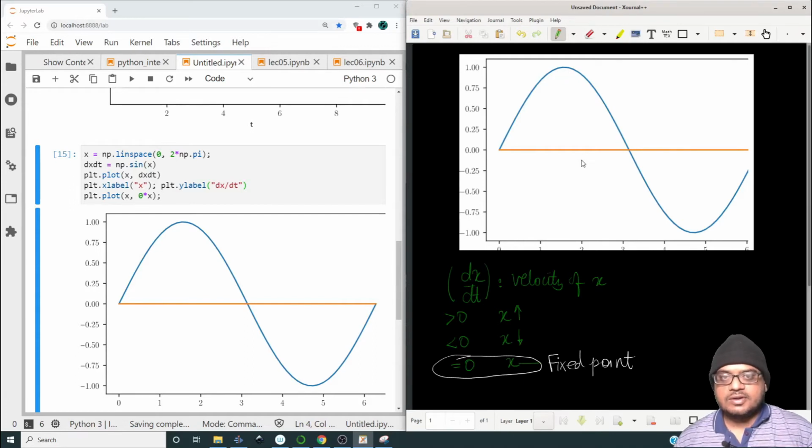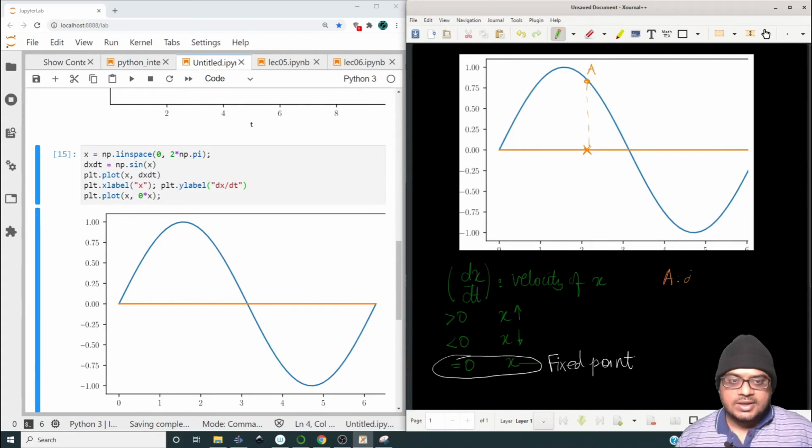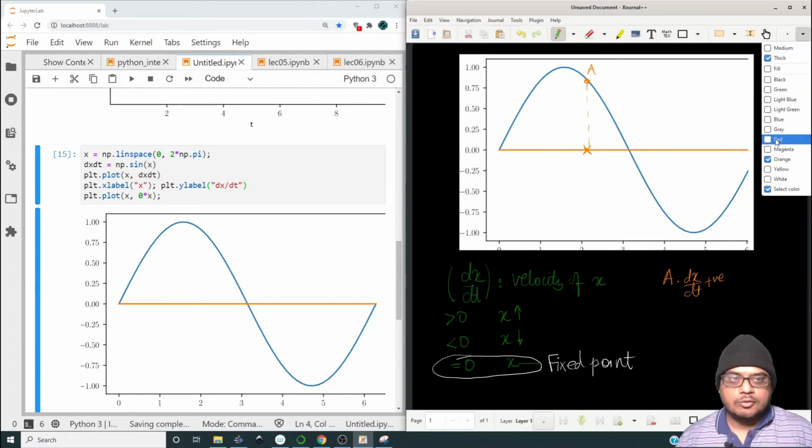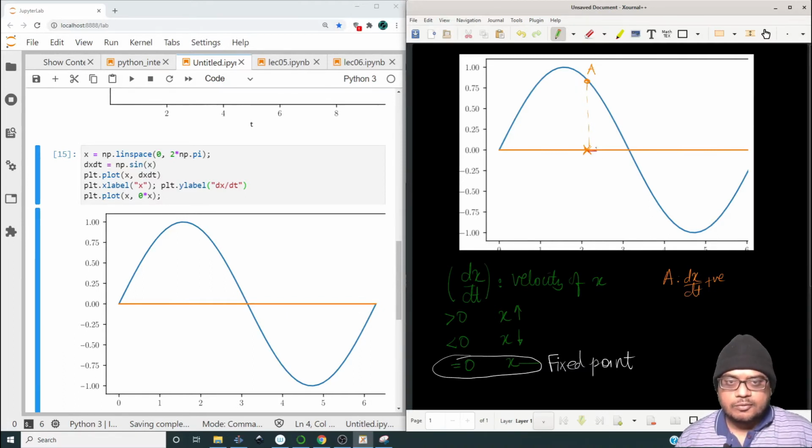Okay, so let us analyze whatever is going on over here. Let us consider this as the initial condition. The velocity which corresponds to this initial condition is over here. If I call this point A, at point A we have dx/dt positive. So at the next time instant, the particle would move to this point.